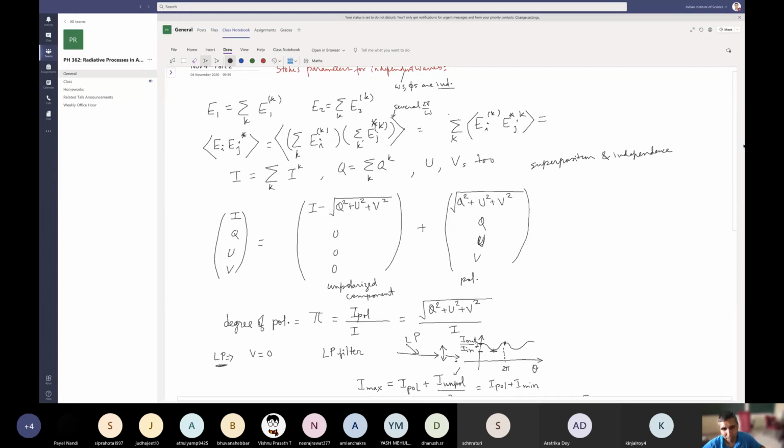Unpolarized light has no coherence, no phase relationship between the two independent polarization directions. In general, a quasi-monochromatic wave will be coherent only for a finite duration. If the phase of the wave changes significantly over a time scale, it loses coherence. So these are important ideas.